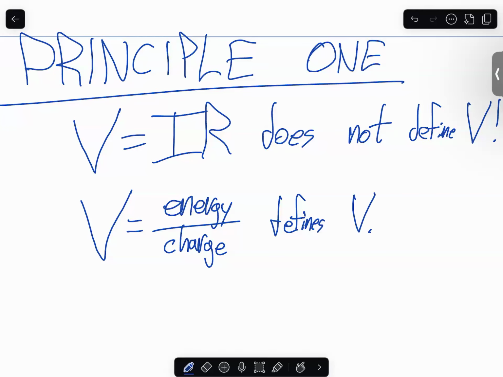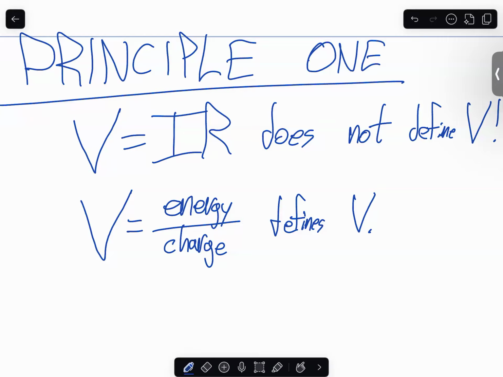I introduced voltage like half an hour to an hour worth of class before I introduced resistance. Let me remind you that that part of the semester existed. Voltage exists even without a resistance, even without a current.